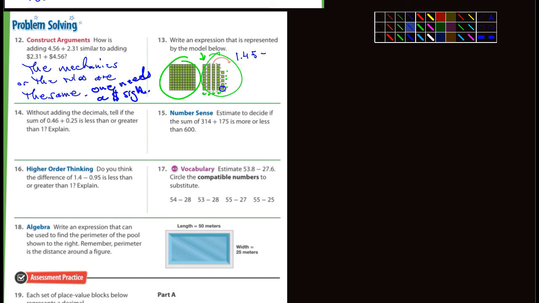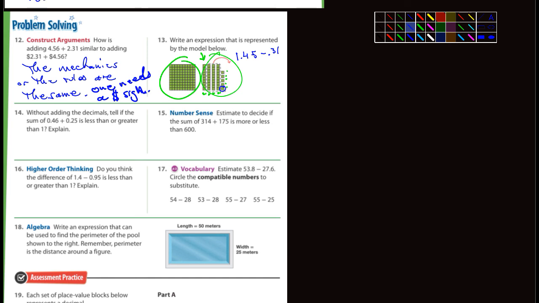So 3.1 subtracting 3. I'm sorry, it'd be 0.31. Let me undo that. 1.45 subtracting 0.31. Okay. Let's see here, 14.